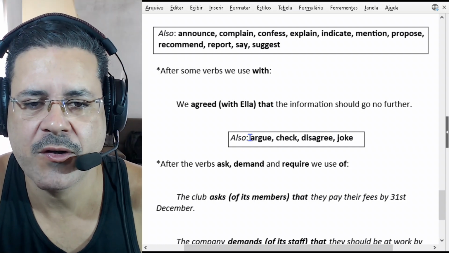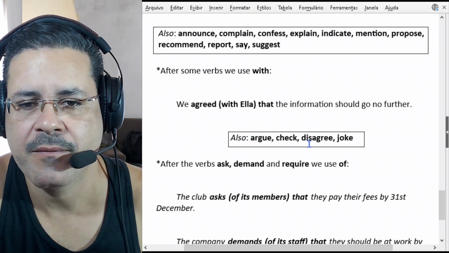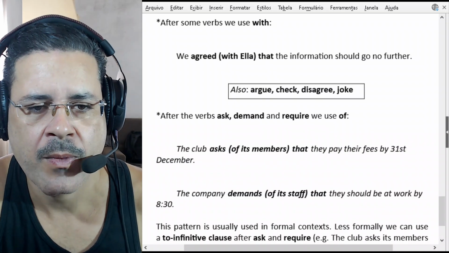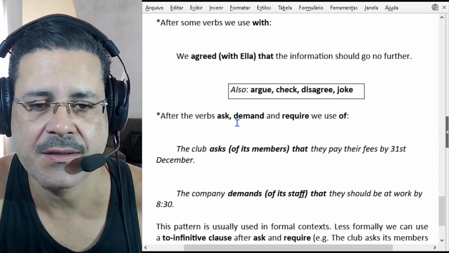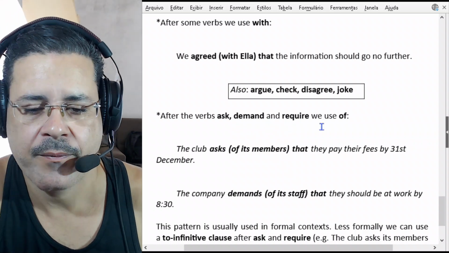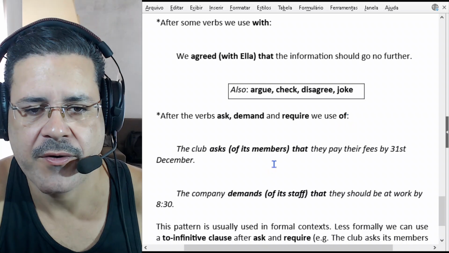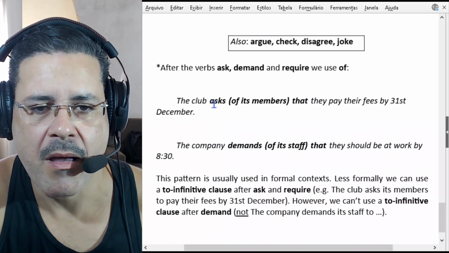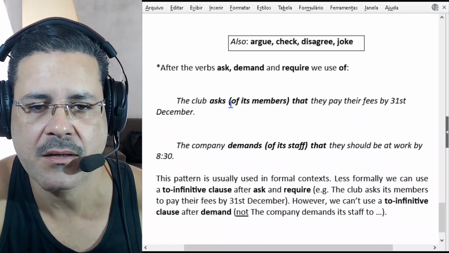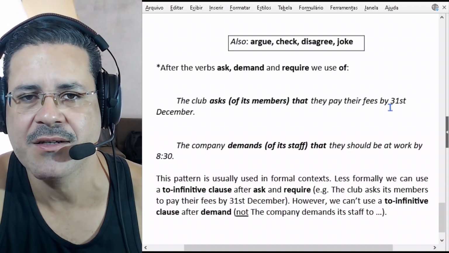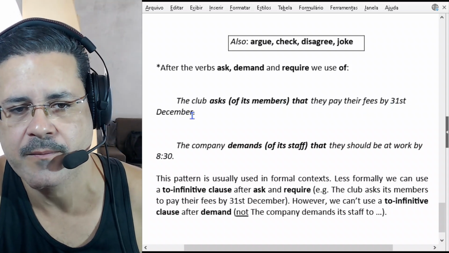Also with the verbs to argue, check, disagree, and joke. After the verbs ask, demand, and require, we use of. For example, the club asks of its members that they pay their fees by the 31st of December.